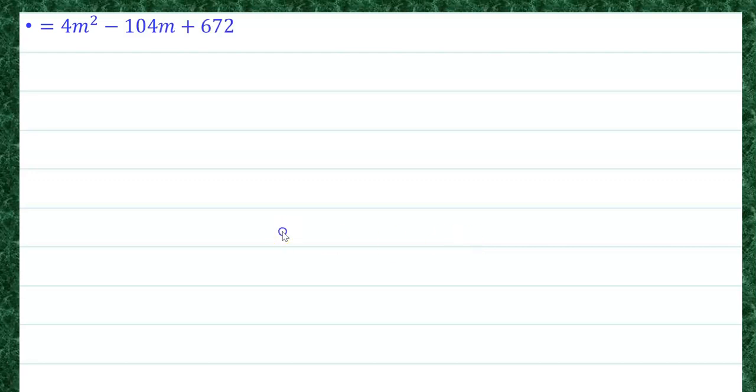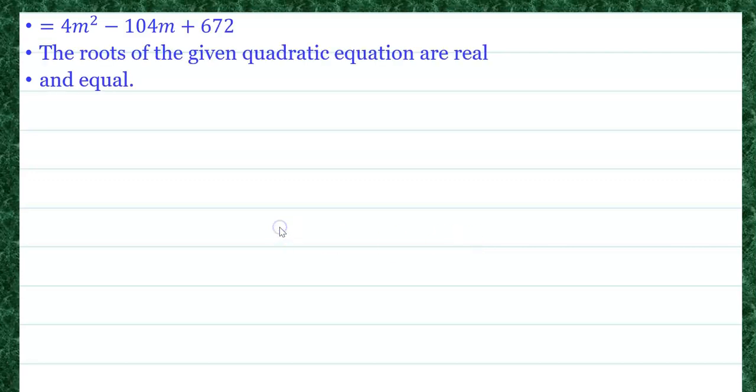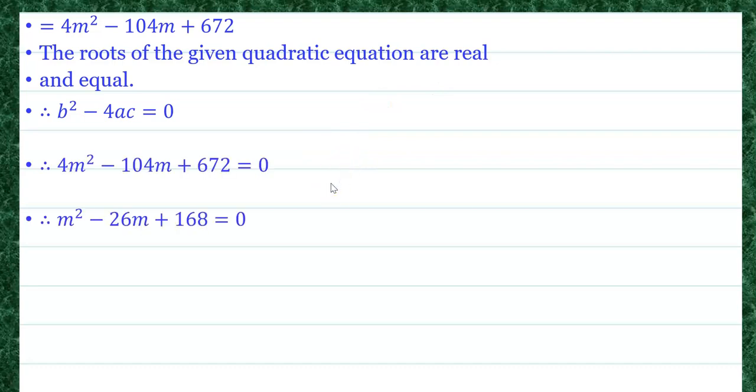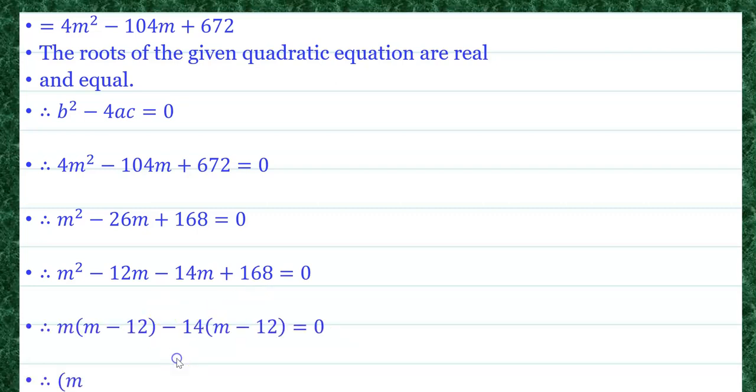We divide it by 4 again, since the roots of the quadratic equation are real and equal. We have divided by 4 here, that is m square minus 26m plus 168 is equals to 0. We simplified it there. See those steps again.